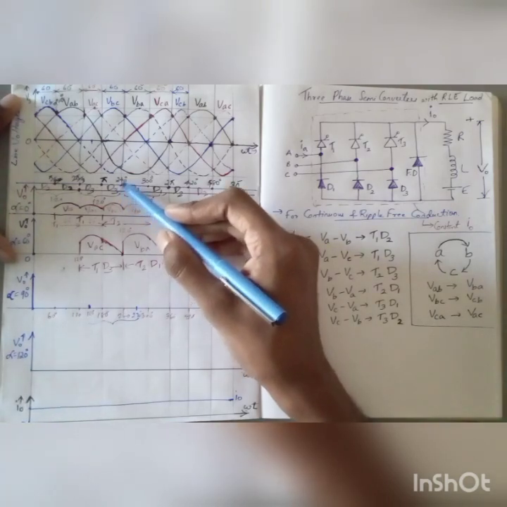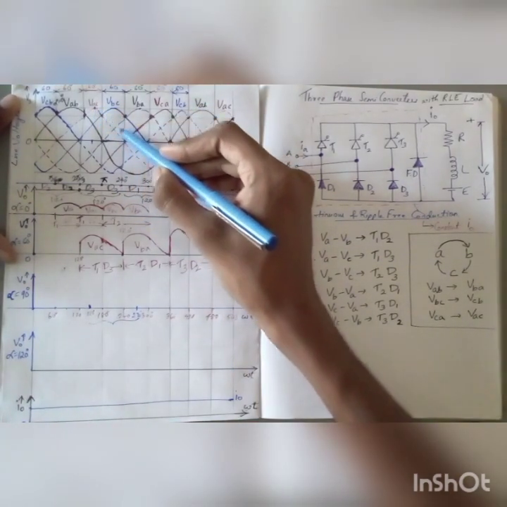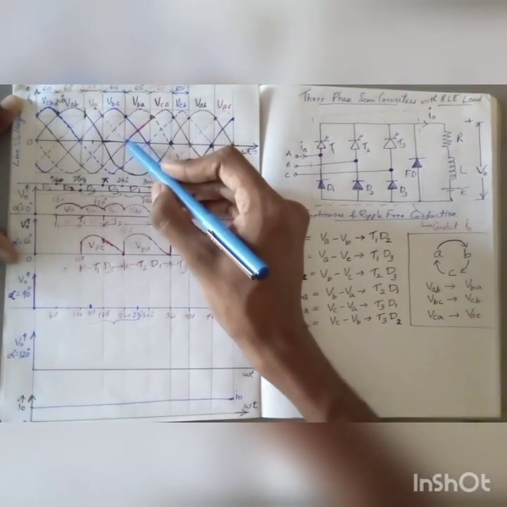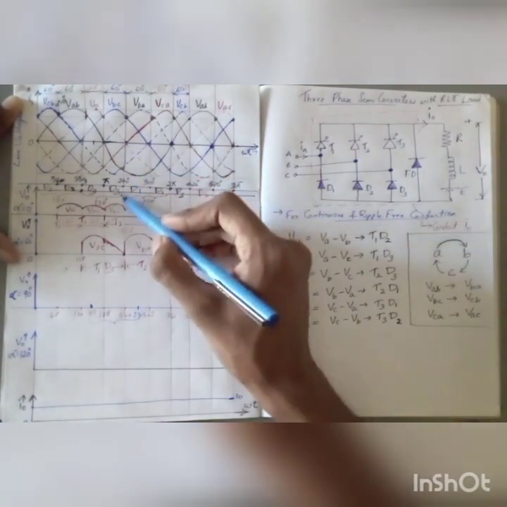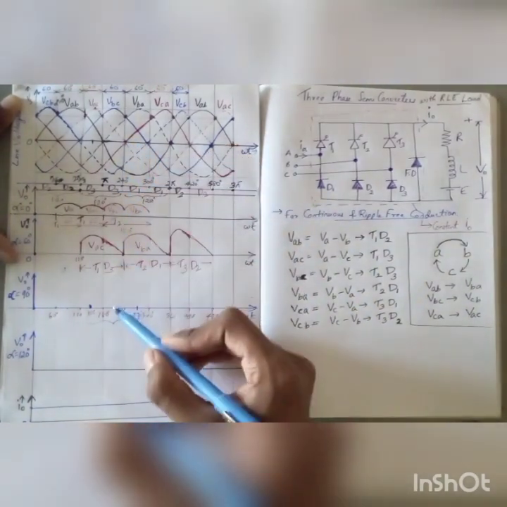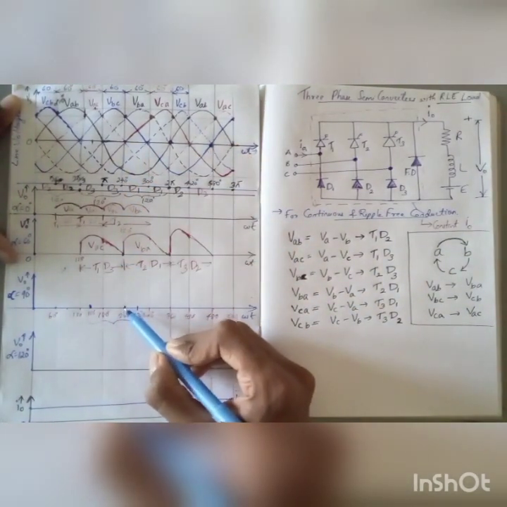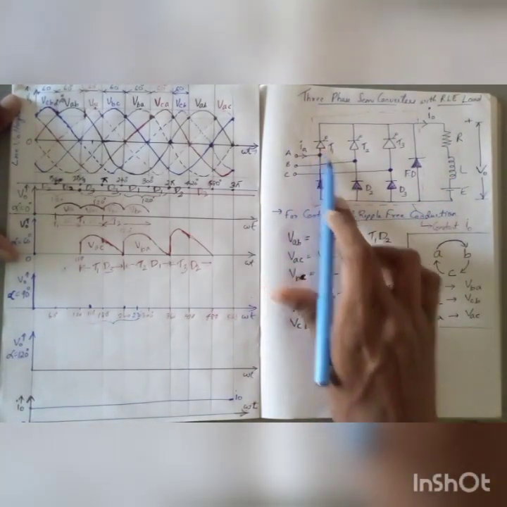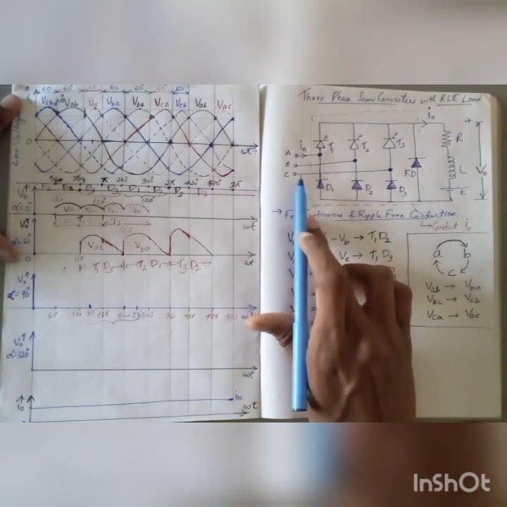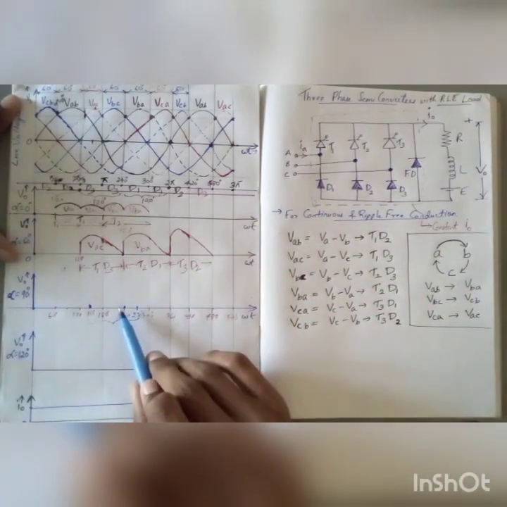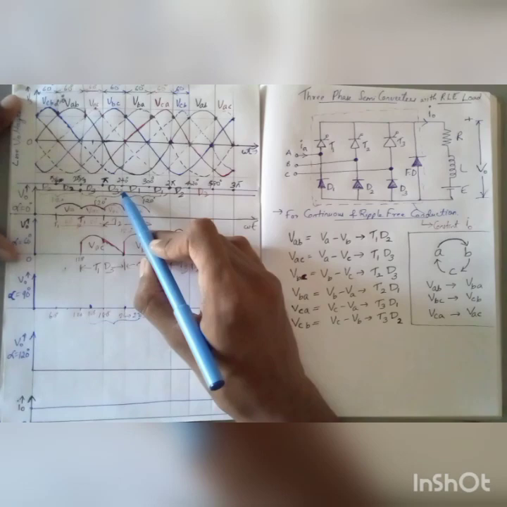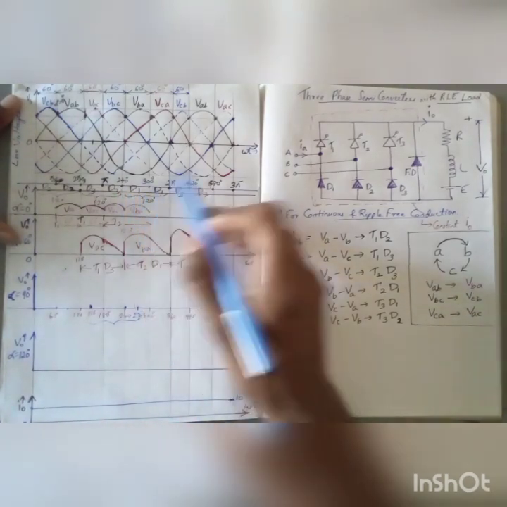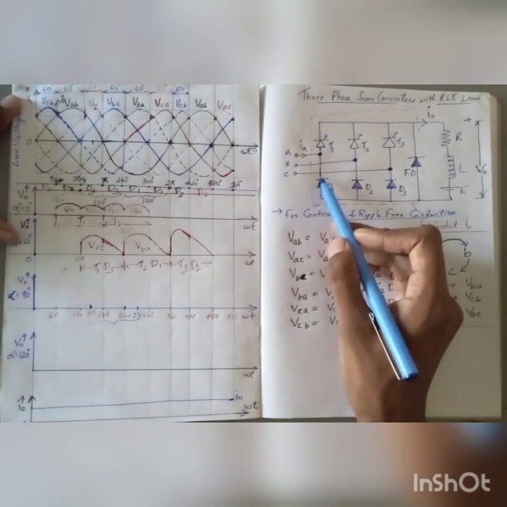Then VAC will be appearing across my V0 till 240 degree, because T1 and D3 were conducting. But what happens after 240? My D3 gets turned off and D1 starts conducting.